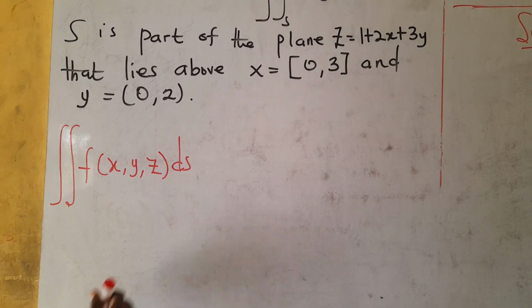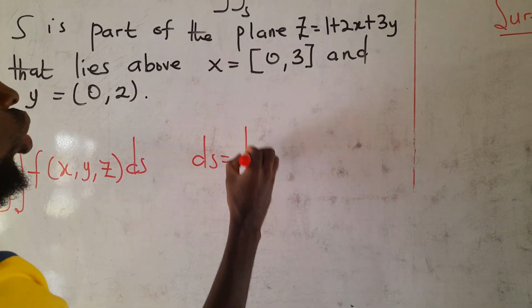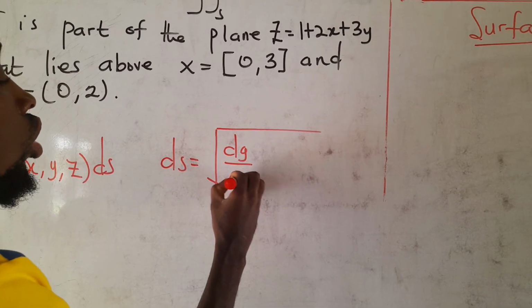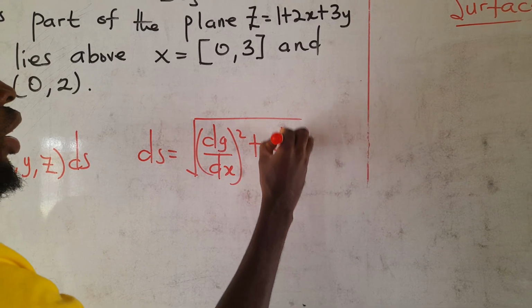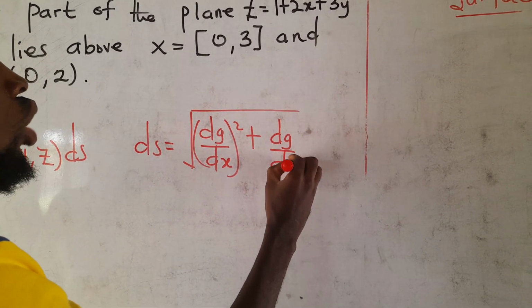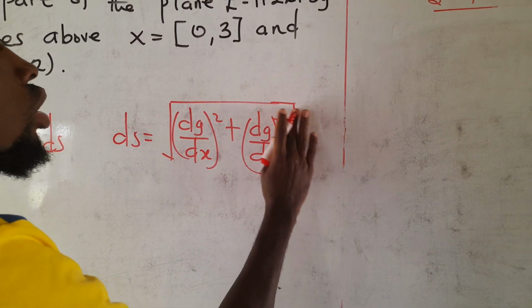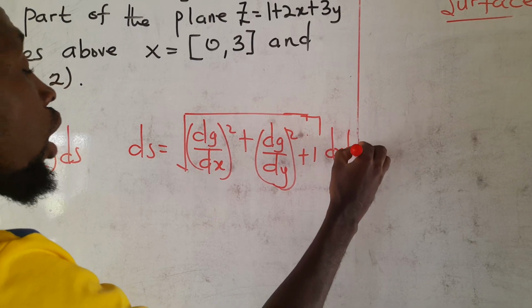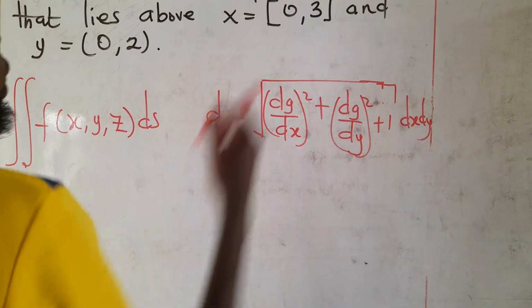And we say that our dS is equal to the square root of dg over dx all squared plus dg over dy all squared plus 1, then dx dy. Also, remember our z is equal to that.